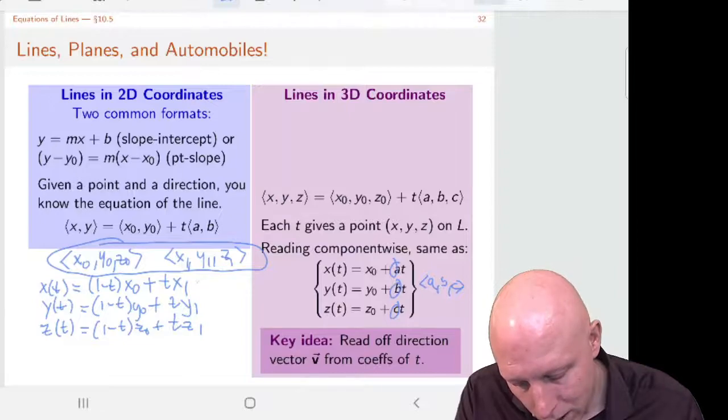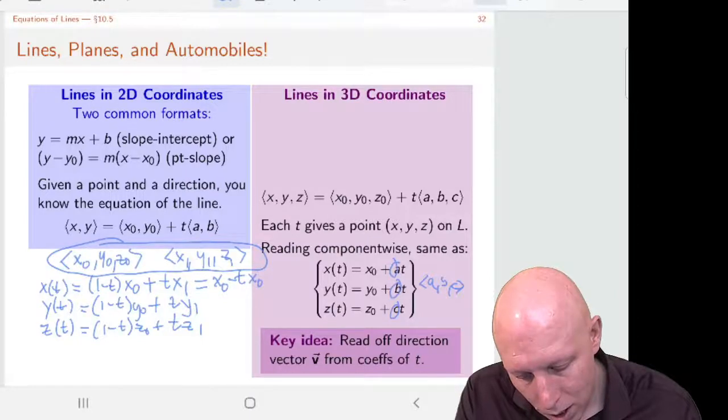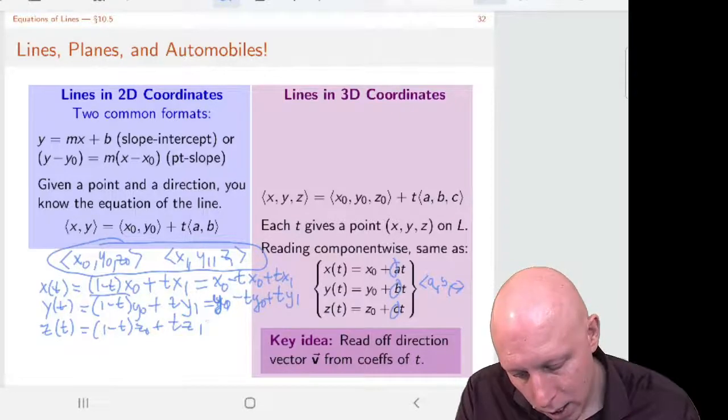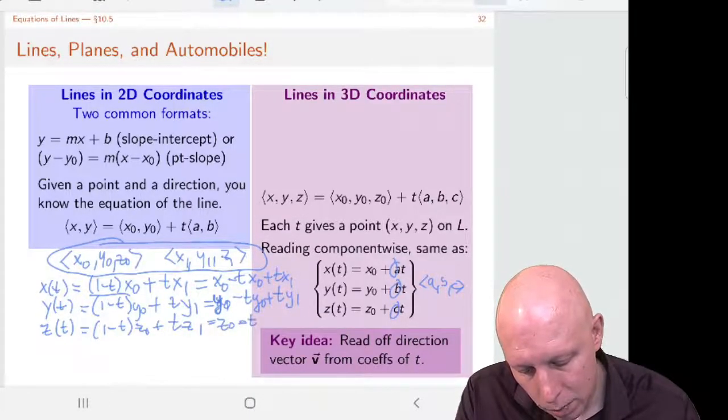So if we were to take this equation and rewrite it as 1 times x0 minus t times x0 plus t times x1, and here I'm distributing the 1 minus t, y0 minus t times y0 plus t times y1, and this is equal to z0 minus t times z0 plus t times z1.